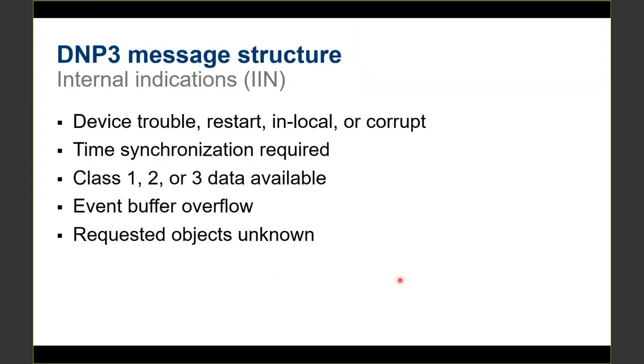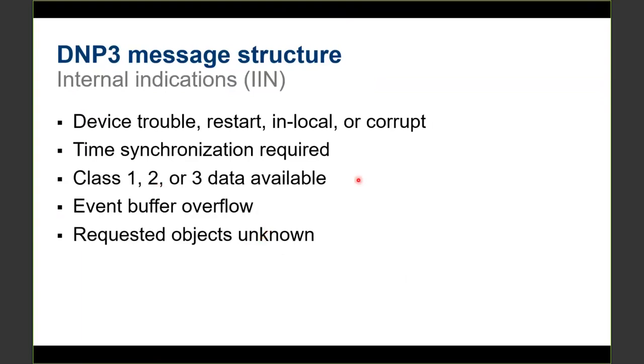The internal indication is another feature that helps a lot to troubleshoot communication issues on DNP applications. The slave station uses these 2 bytes to send an auto diagnostic to the master station. The slave station will send important information such as buffer overflow, device trouble, timing synchronization requests, and class 1, 2, or 3 data available.